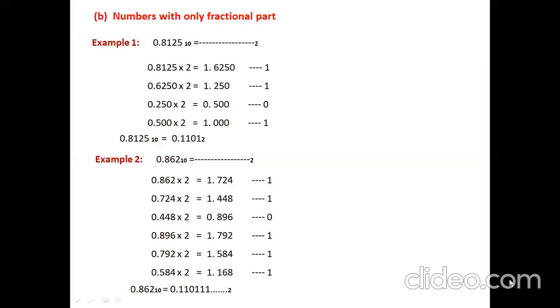When we are in doubt that the problem will not end, we stop and write the values: 0.1100111. We can put dots like that to indicate the problem has not completely ended, but we can stop and write down the result. That is example 2.